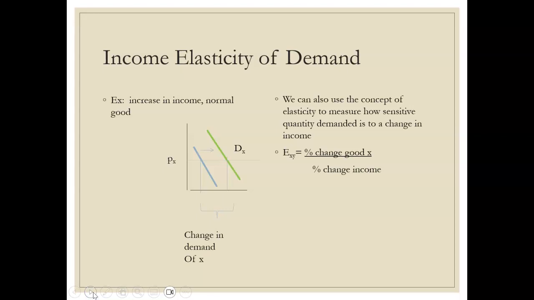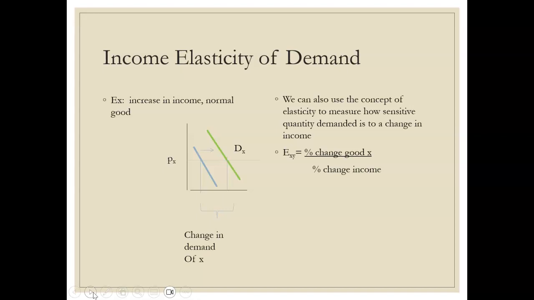Okay, finally, let's look at the income elasticity of demand. We're doing something similar here, but we're only looking at the one market, the demand for X. And here we have a diagram for a normal good, saying that income goes up, so demand for X increases because X is a normal good.